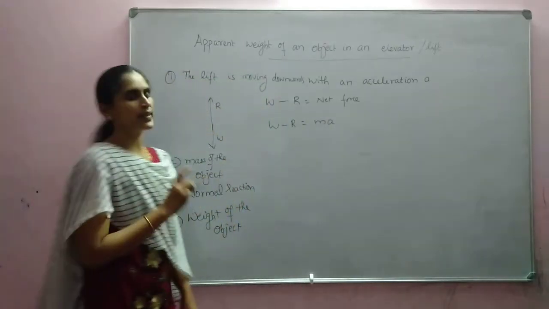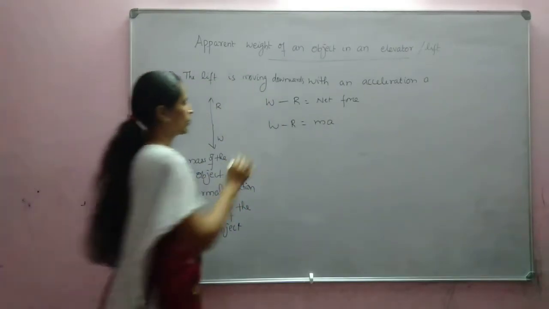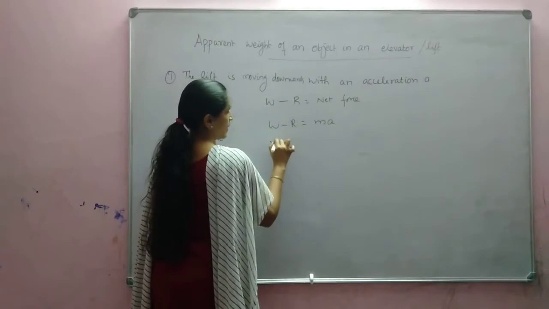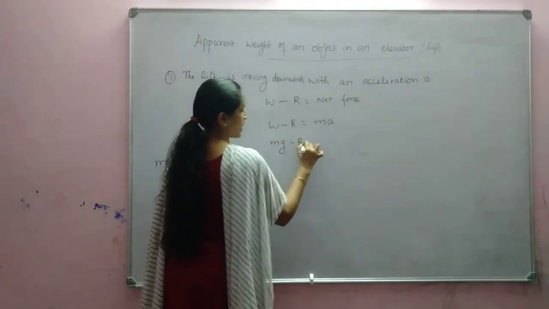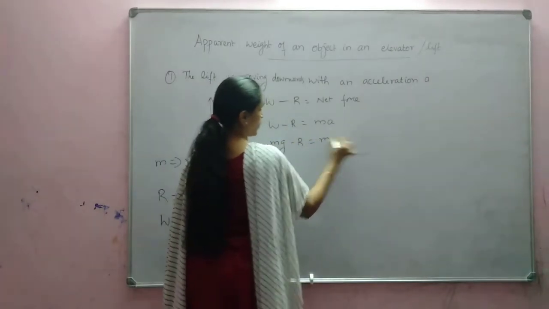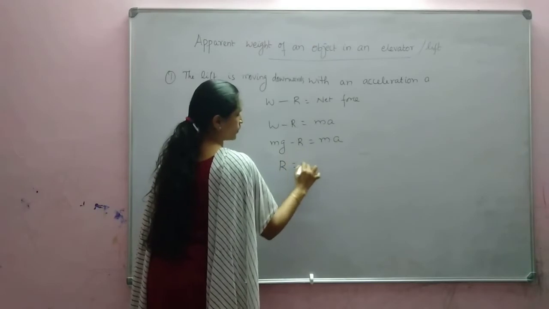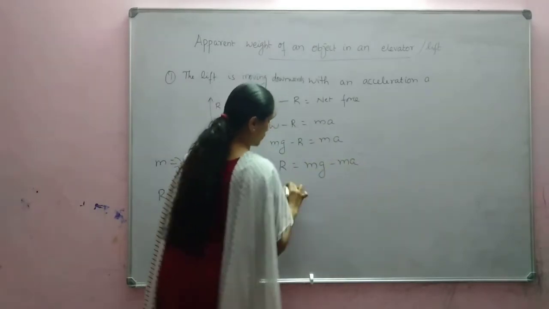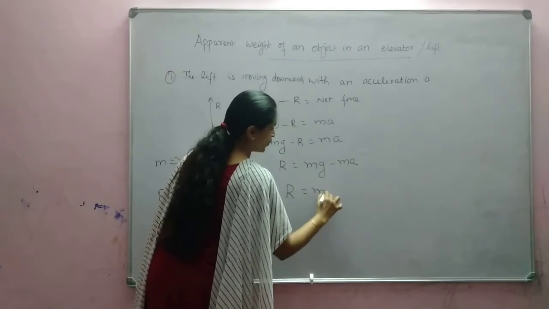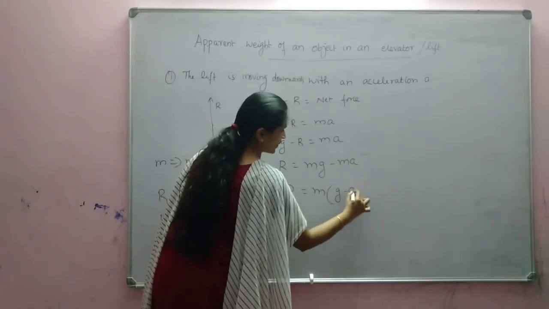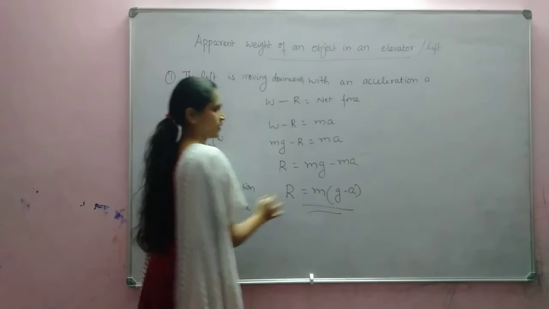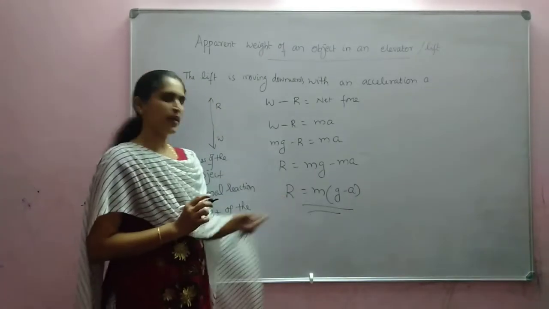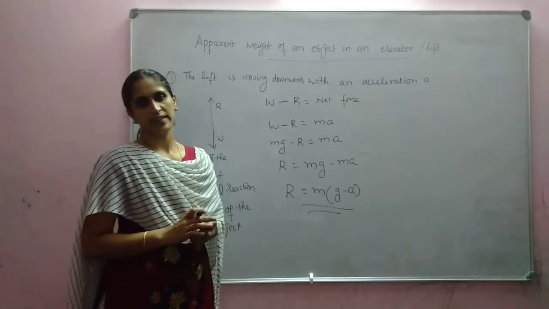So W minus R is equal to ma, or mg minus R is equal to ma, or R is equal to mg minus ma. R is equal to m into g minus a.